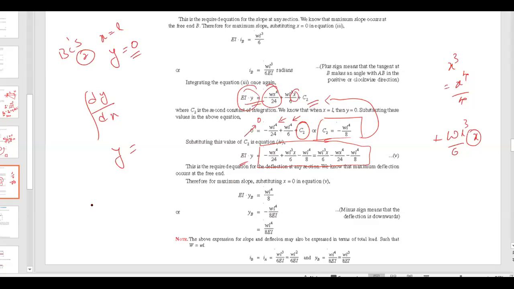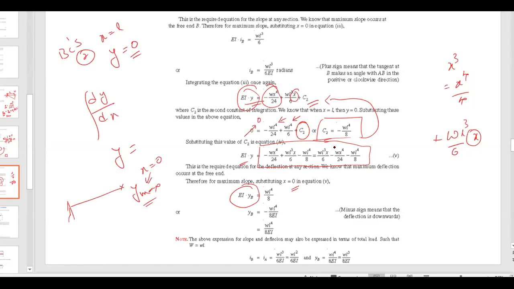So we have derived that the free end of the cantilever has the maximum deflection. Therefore, substituting x is equal to 0 in my equation, we need to find out the y.